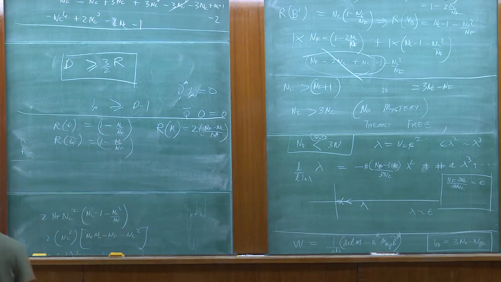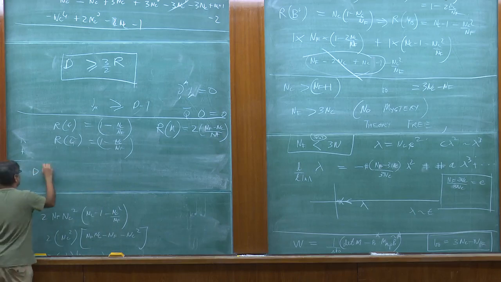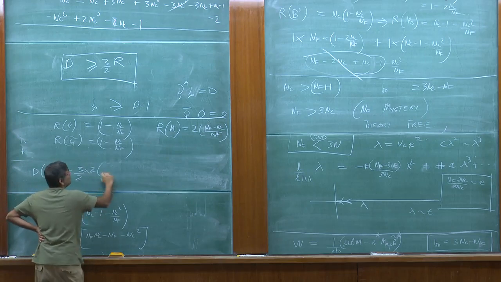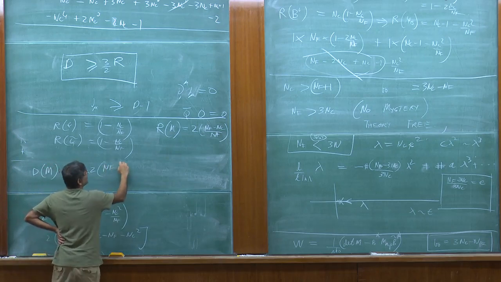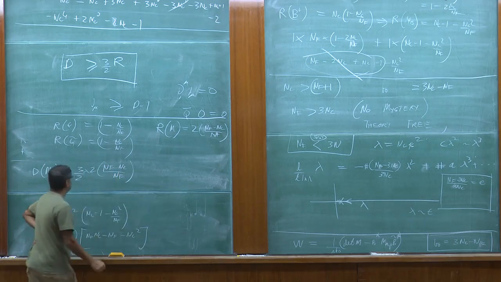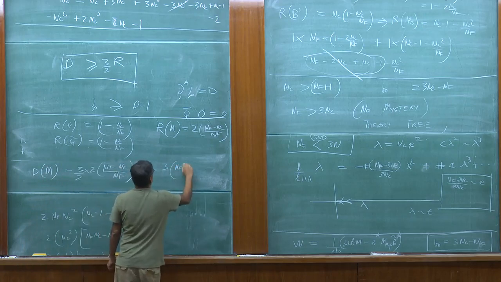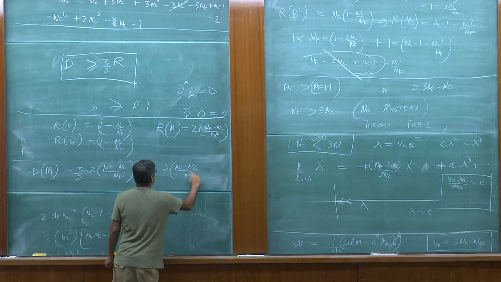The prediction is that the dimension of this gauge invariant operator M is equal to 3 by 2 times 2 times NF minus NC by NF, which is 3 times NF minus NC divided by NF.